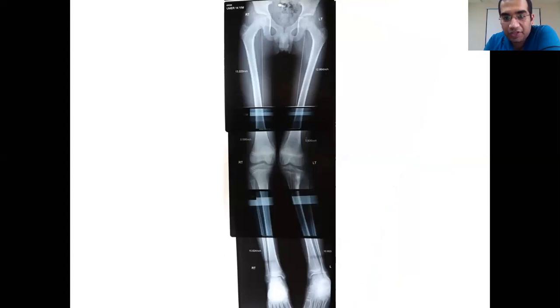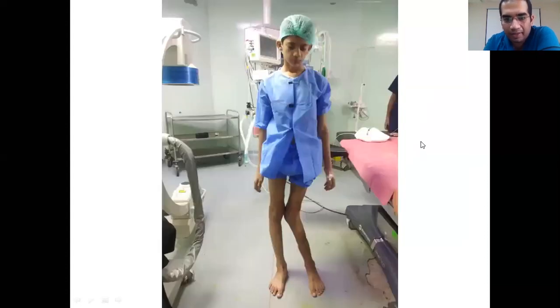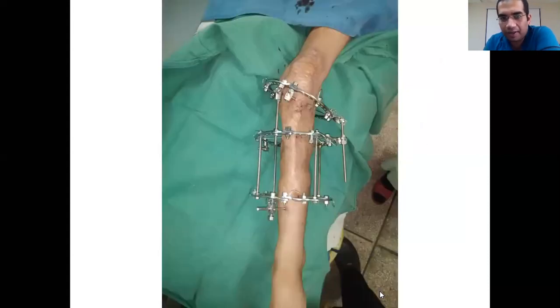This is a case of genu valgum. Not all the genu valgums are in the femur. This is why I put this X-ray. Now, as you can see, there is valgus in the tibia because of a bar that has formed because of a trauma here. Again, this boy has circumferential skin grafting.